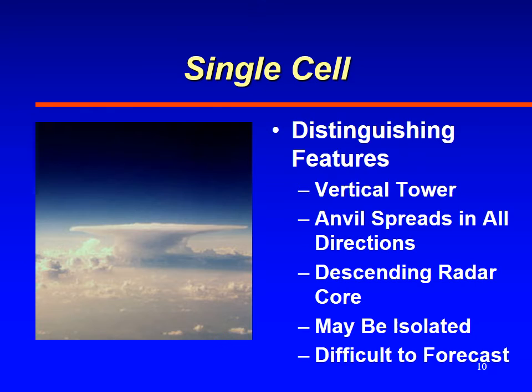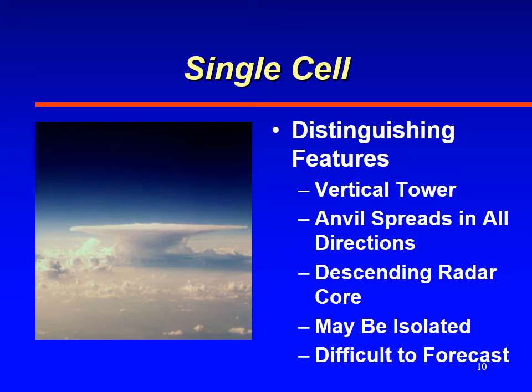Some of the features of a single cell thunderstorm, as I mentioned: it's one cell that goes up, not big, but one cell. The anvil spreads out in all directions usually because the wind at altitude is very light. You'll see a descending radar core, and it's hard to see on airborne weather radar.